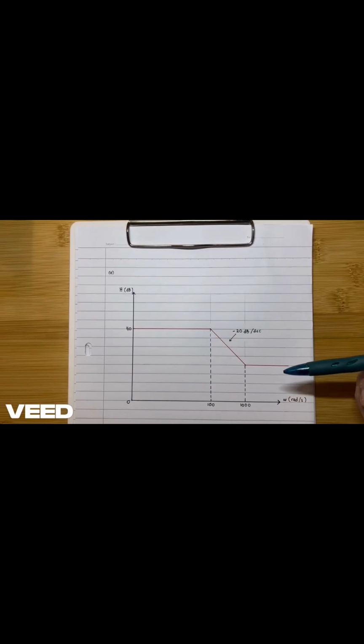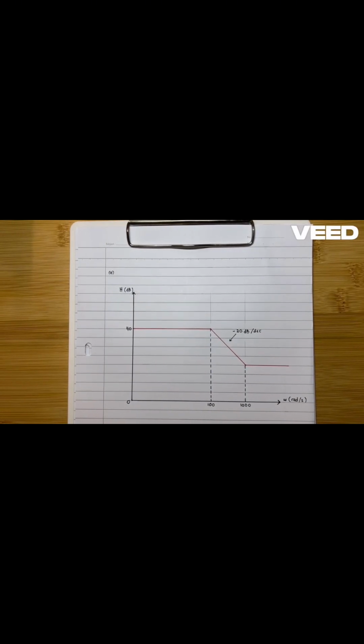A single zero in the numerator of the transfer function causes a plus 20 dB per decade increase in the slope, effectively cancelling out the negative 20 dB per decade slope from the earlier pole, resulting in a flat response of 0 dB per decade.